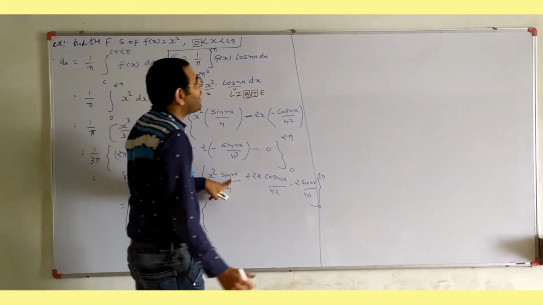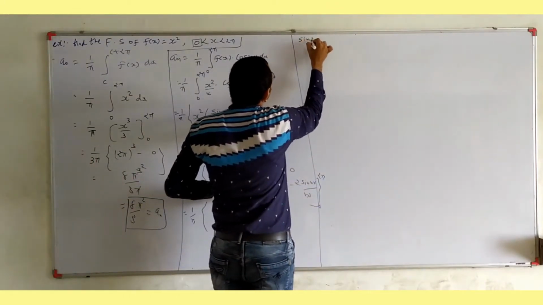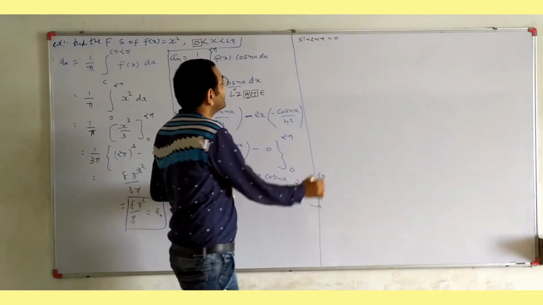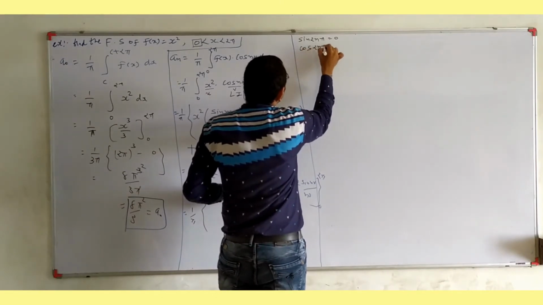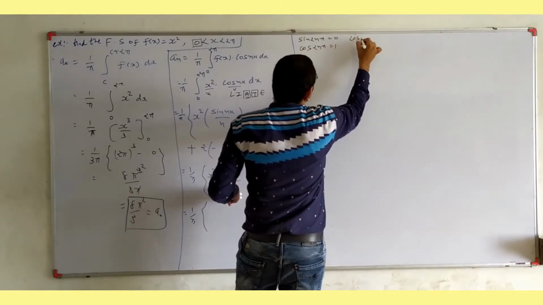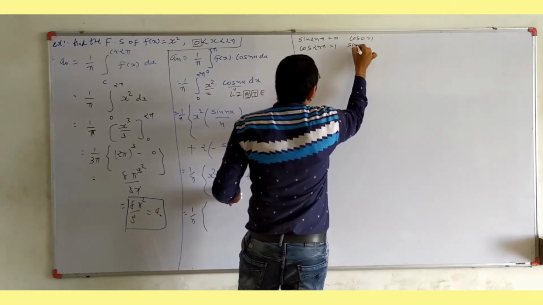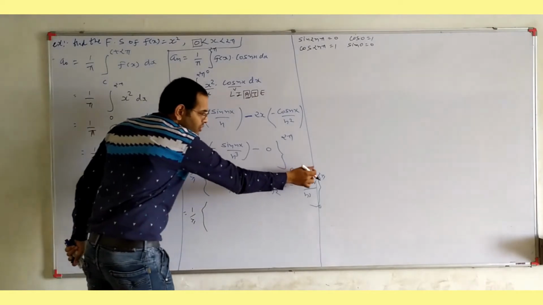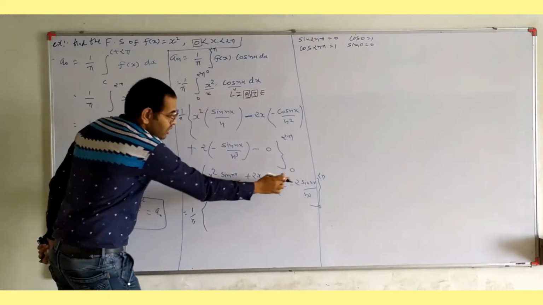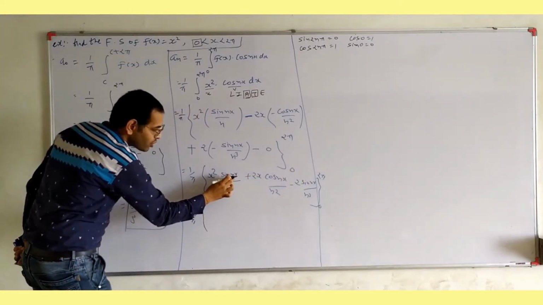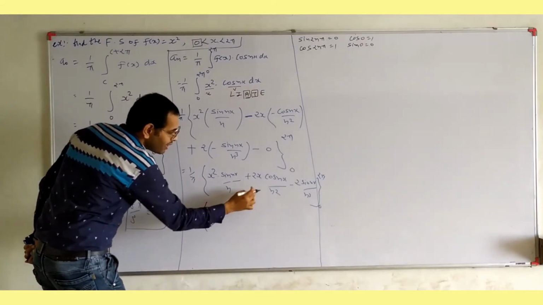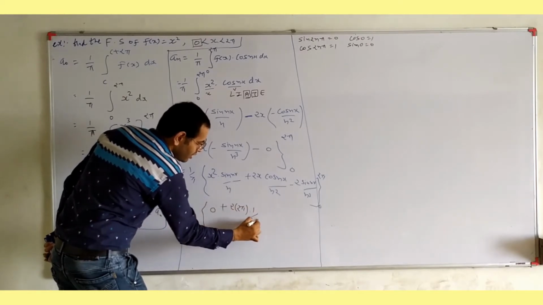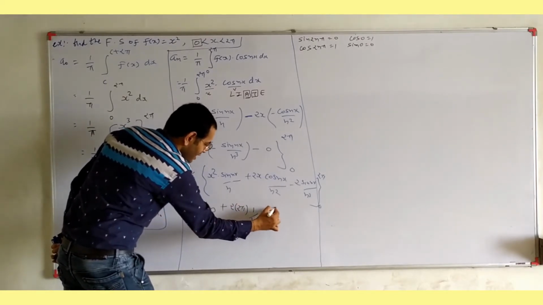Then sin 2n pi is 0, which was already discussed in an earlier lecture, and cos 2n pi is 1, cos 0 is 1, and sin 0 is 0. Then substitute these values: sin 2n pi is 0, 0 into anything is 0, plus 2 into 2 pi cos 2n pi is 1, minus sin 2n pi is 0.